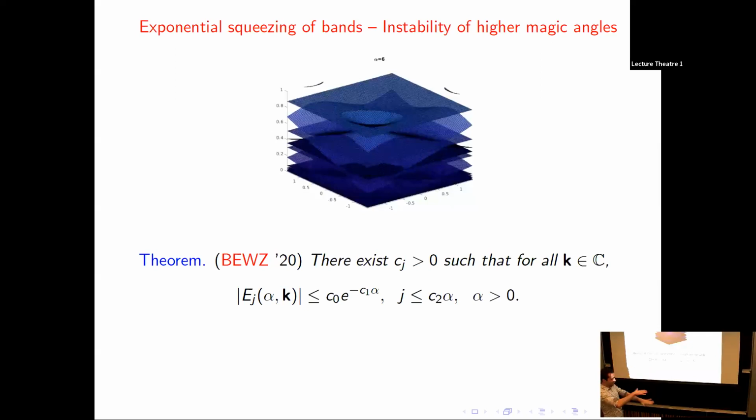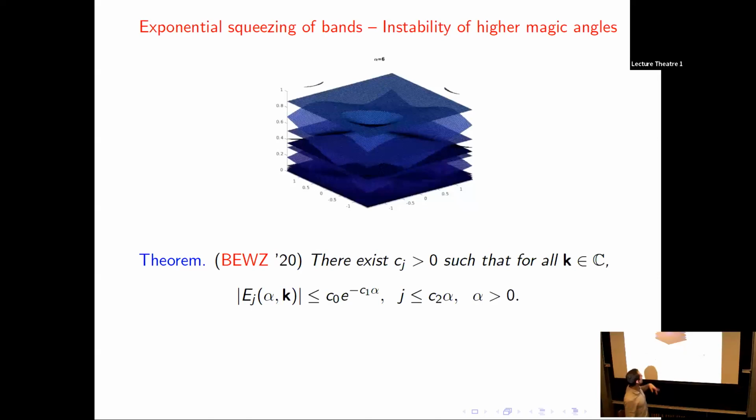It's good to have a flat band and then a large gap, for example, for the fractional quantum Hall effect. That's essentially the idea of Haldane, right? You have these large gaps between the Landau levels, and then you know what the wave functions there look like.